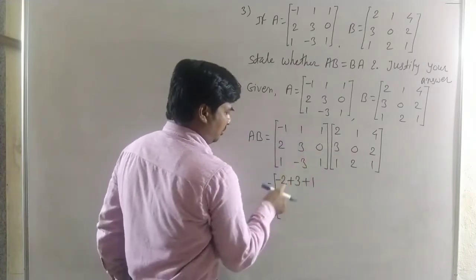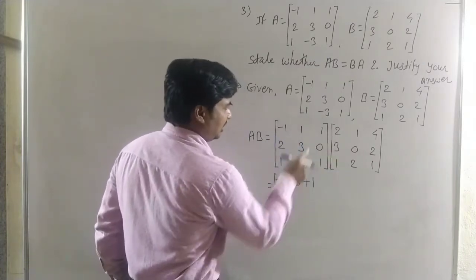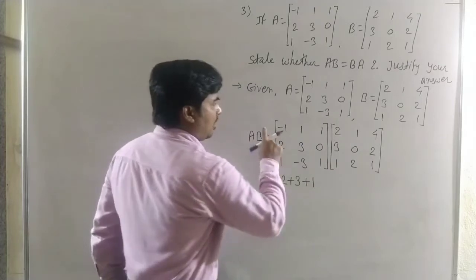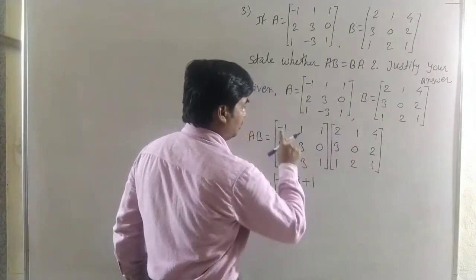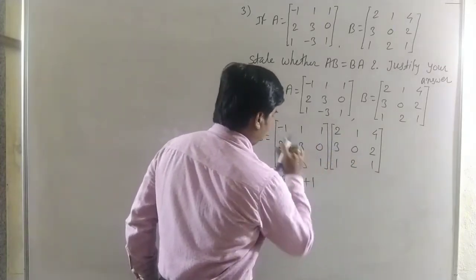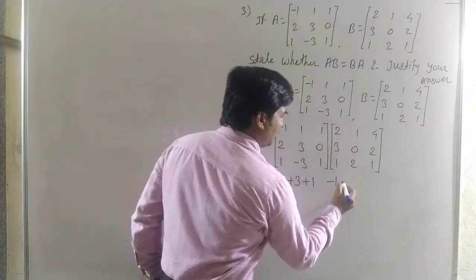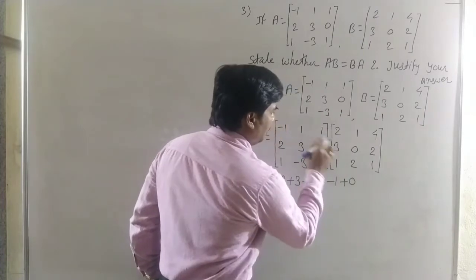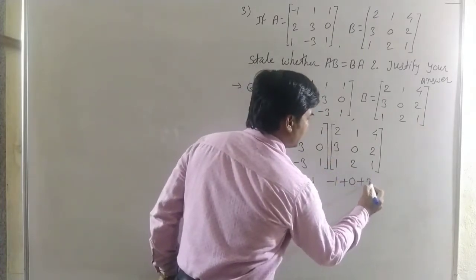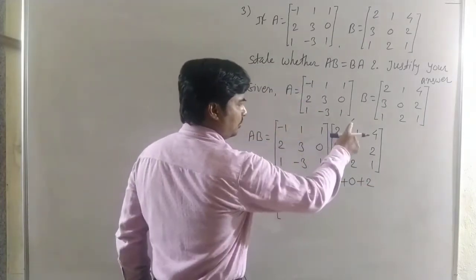Now first row, second column: minus 1 into 1 is minus 1, 1 into 0 is 0, and 1 into 2 is plus 2.